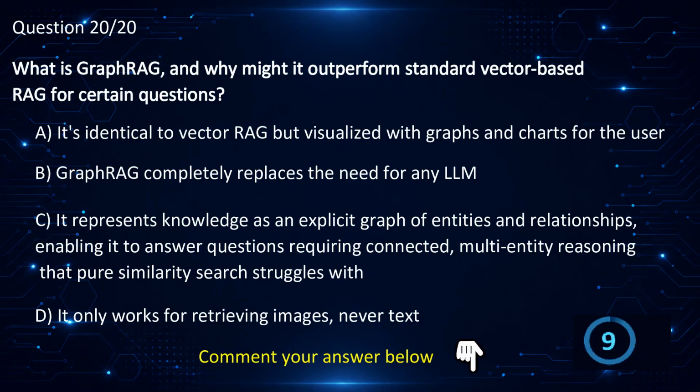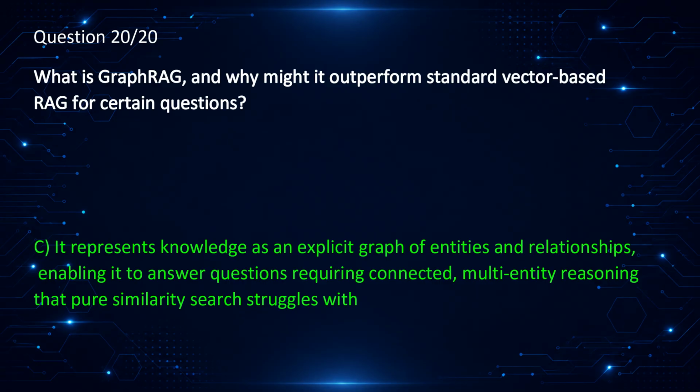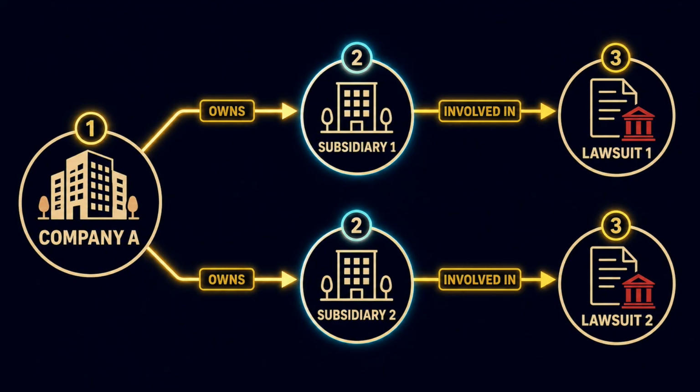What is GraphRAG and why might it outperform standard vector-based RAG for certain questions? And the answer is option C. Take a question like: summarize the connections between company A, its three subsidiaries, and the lawsuits each one's involved in.